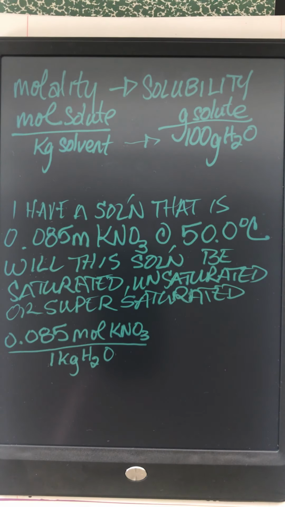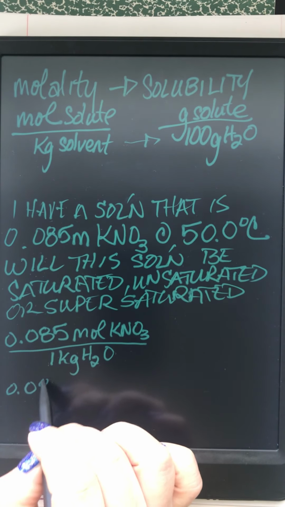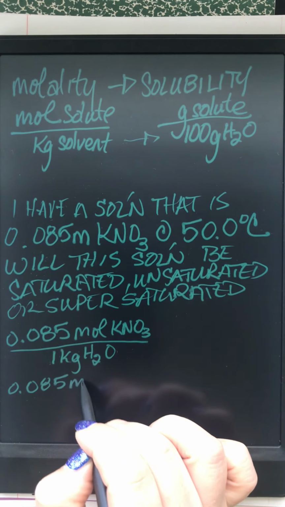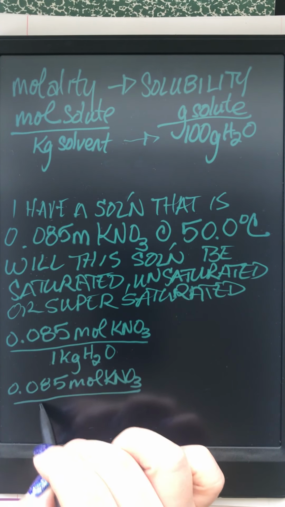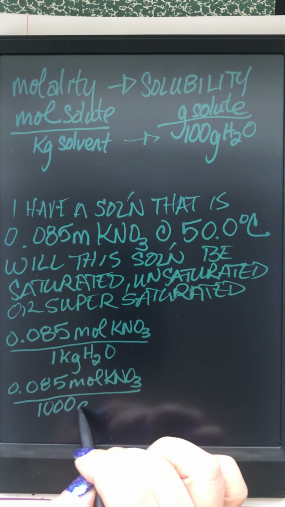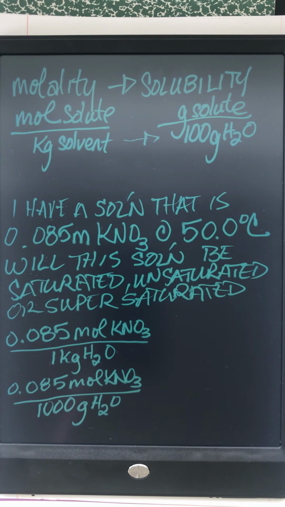Specifically, what is it? It's 1,000 grams, right? So we can rewrite this as moles of potassium nitrate per 1,000 grams of H2O, right? Everybody still okay with me?